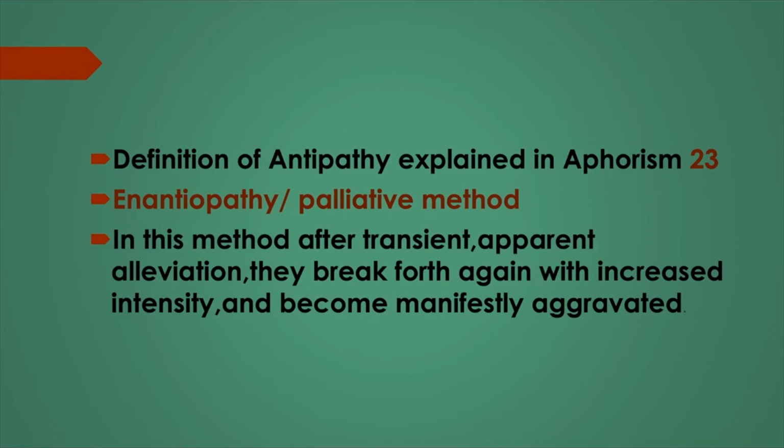Definition of antipathy explained in aphorism 23. Antipathy is also known as enantiopathy or palliative method. In this method, after transient and apparent alleviation, they break forth again with increased intensity and become manifestly aggravated.